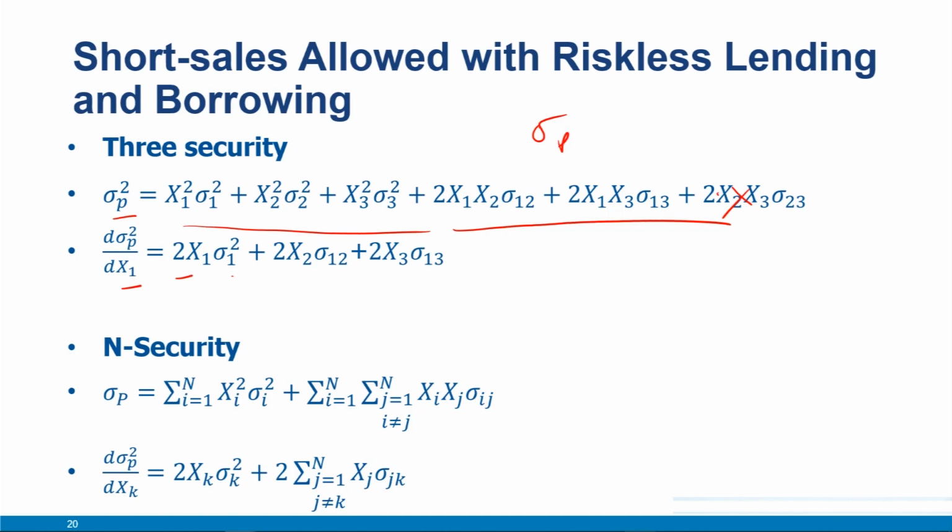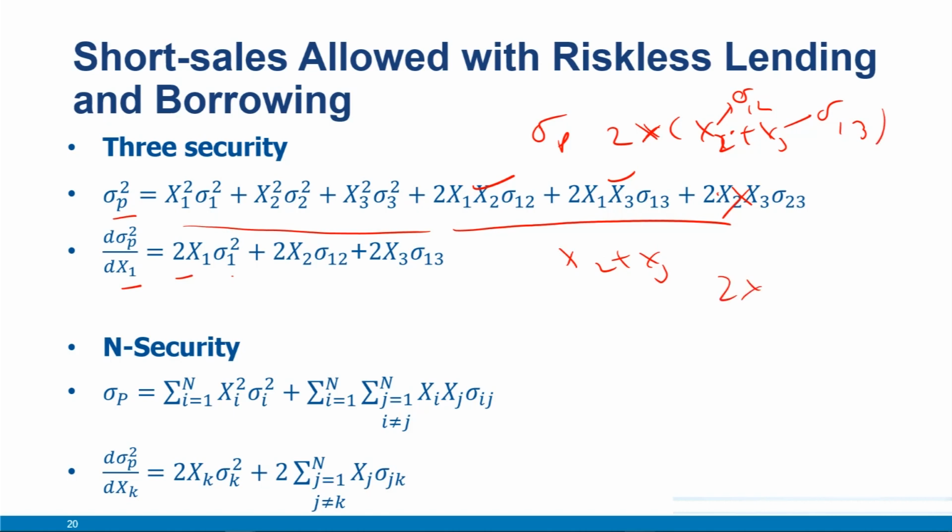What we end up with in the cross terms is 2 times x2 plus x3, where x2 is multiplied by sigma 12 and x3 is multiplied by sigma 13.